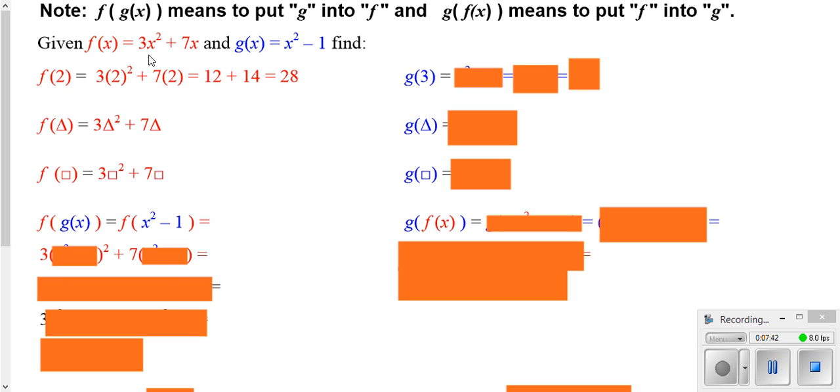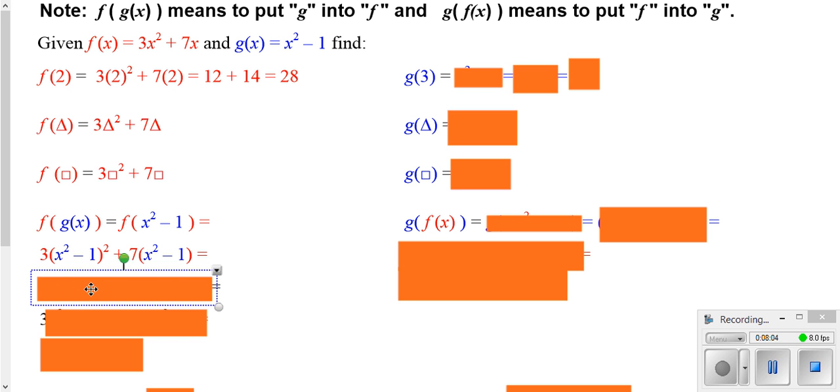My original function f says 3 times my input squared plus 7 times my input. My input is the blue stuff in the parentheses, and that's what goes in here. All I have to do now is simplify this. I could distribute through the 7.